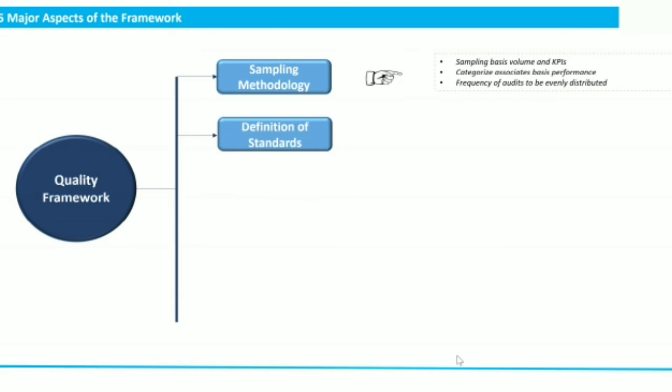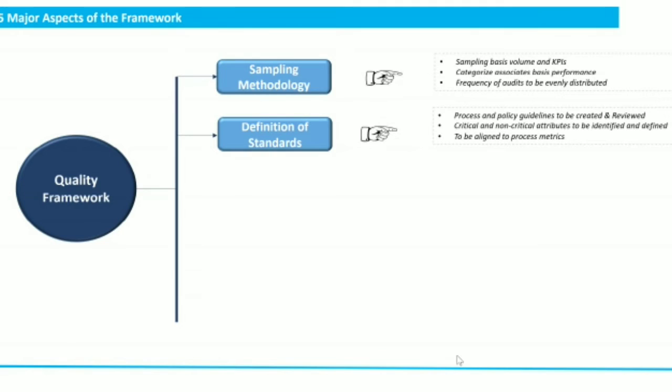Cool. Moving on, we have definition of standards, another important aspect, be it internal or external. What does definition of standards mean basically? It means process and policy guidelines to be created and reviewed. Identify your critical and non-critical attributes, your parameters, your specifications that are critical for the outcome of that product or the service.